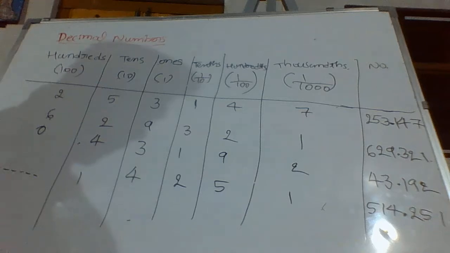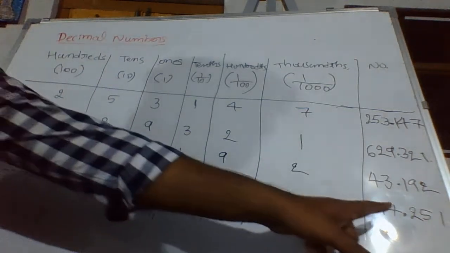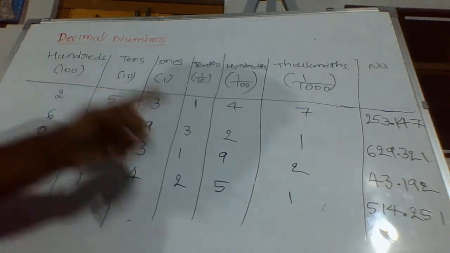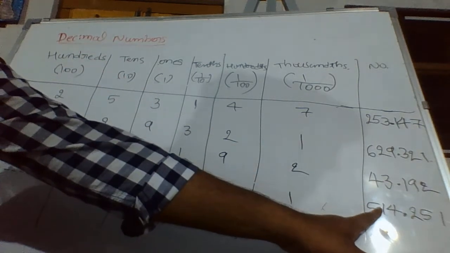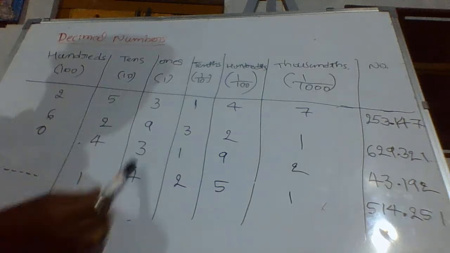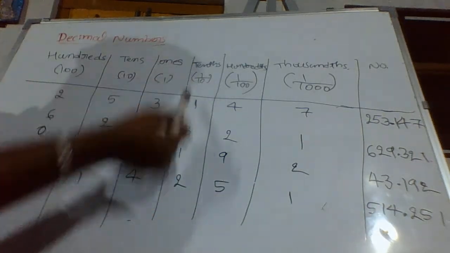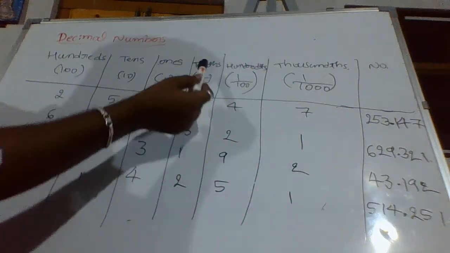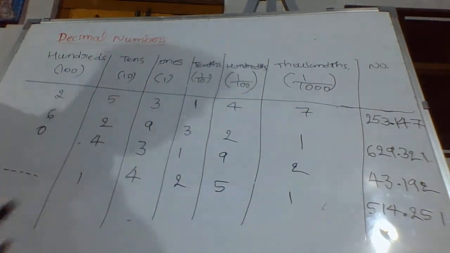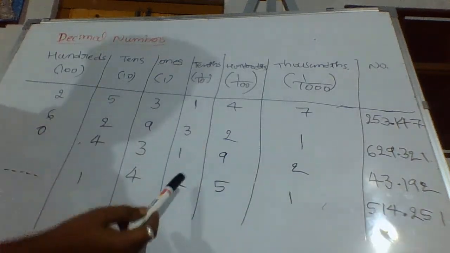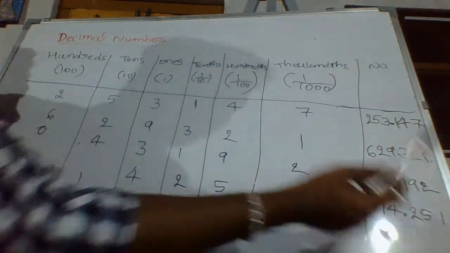Now you can observe here what they are given. 1 is at the tens position, they are given 1 at the tens position, and 4 at the ones position, 4 they are given in the ones position only, and these numbers 251, meaning tenths, hundredths, thousandths, will come after the decimal point. So here after the decimal point they are given 251.